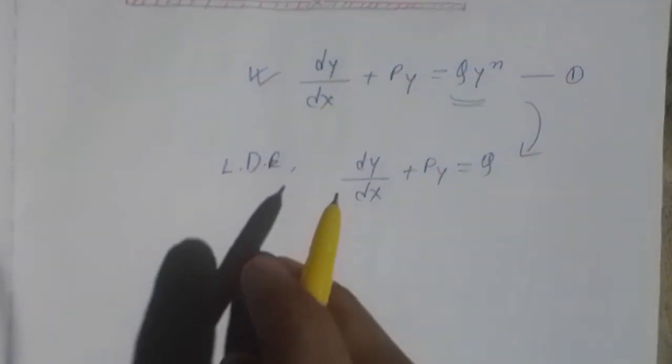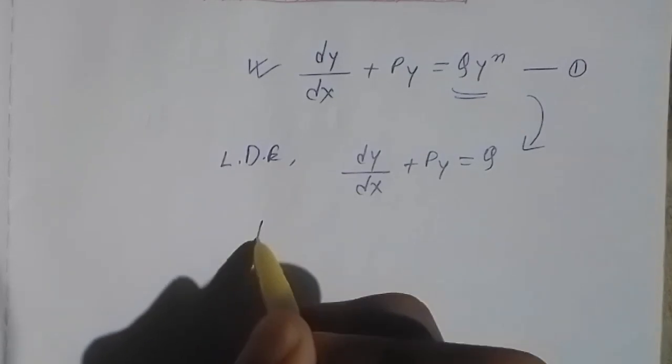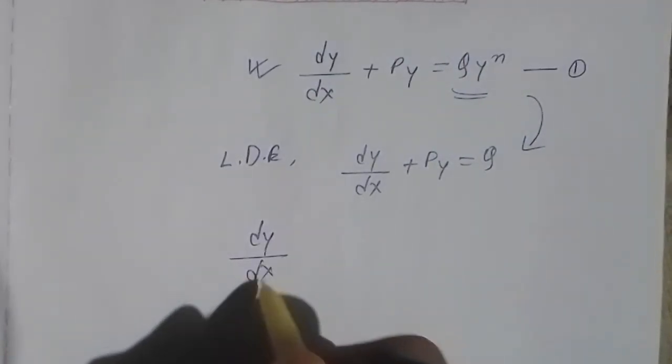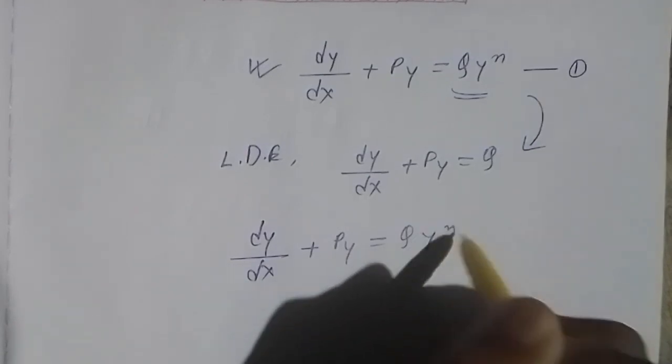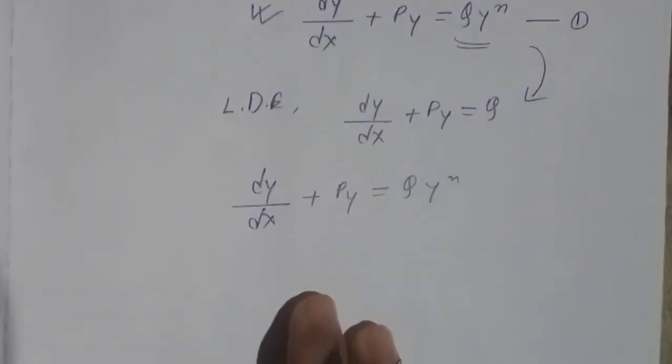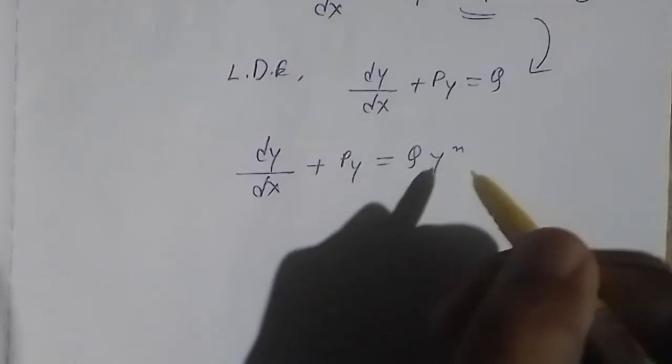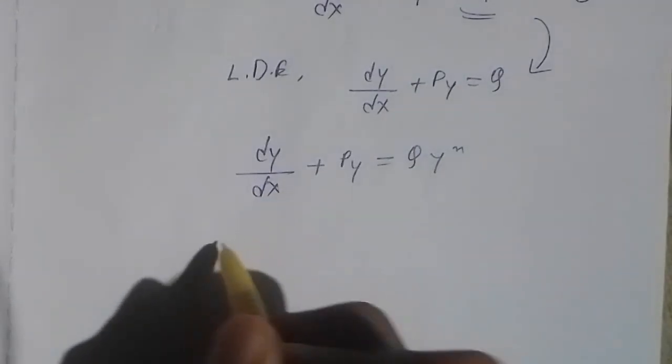So let's write this equation again. dy by dx plus py is equal to q y to the power n. Now let's divide by y to the power n on both sides.